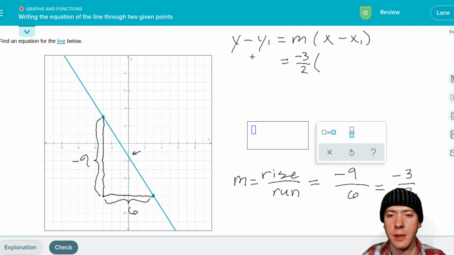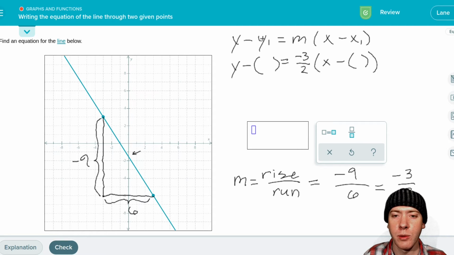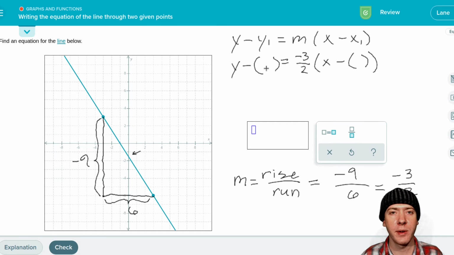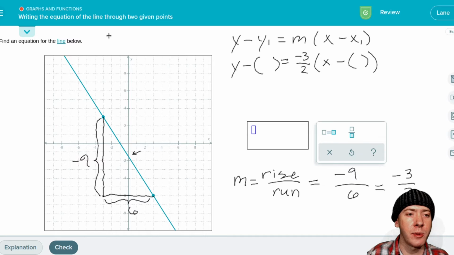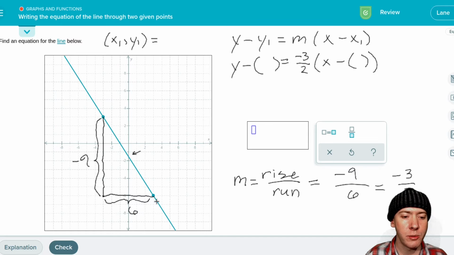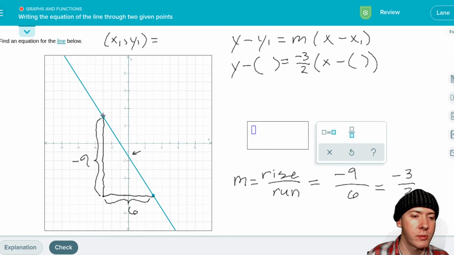Now I'm going to rewrite the rest of this equation, but I'm going to open up some pairs of parentheses where I need to plug things in. So I need to plug in for the y1 right here and the x1 right here. For the point x1, y1, we could pick either one of the points that are shown in the graph, either one of these 2 points. Let's use this first one, the one on the left.